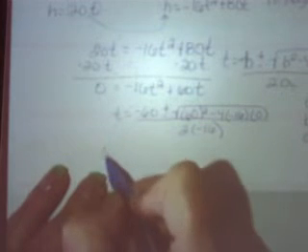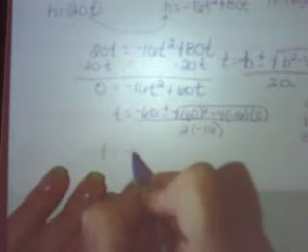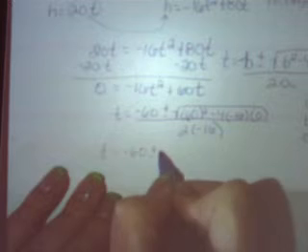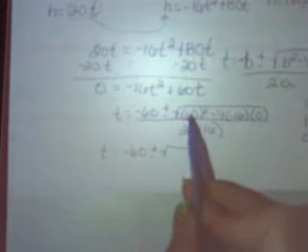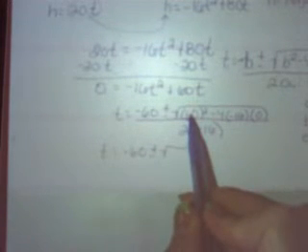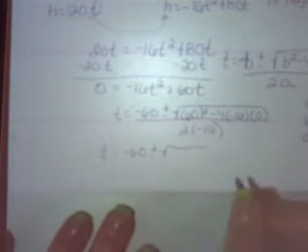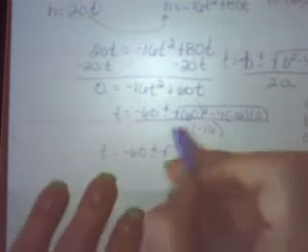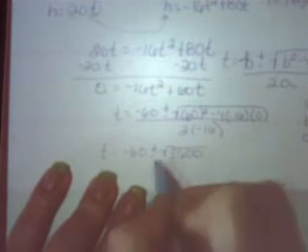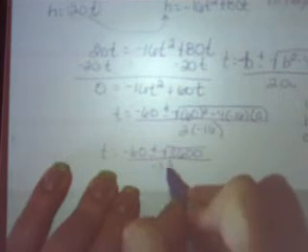Simplify that, I'm going to have t equals negative 60 plus or minus the square root of 60 squared minus 4 times negative 16 times 0. I get 3600, all divided by negative 32.